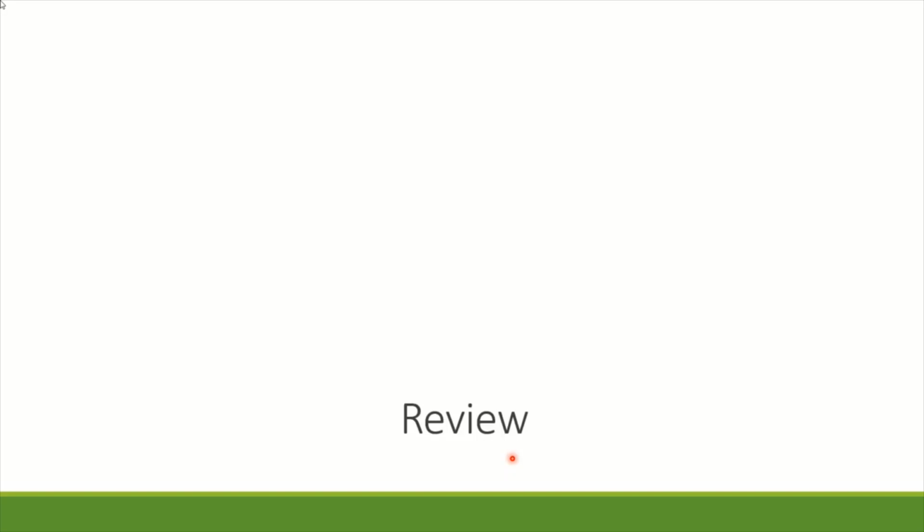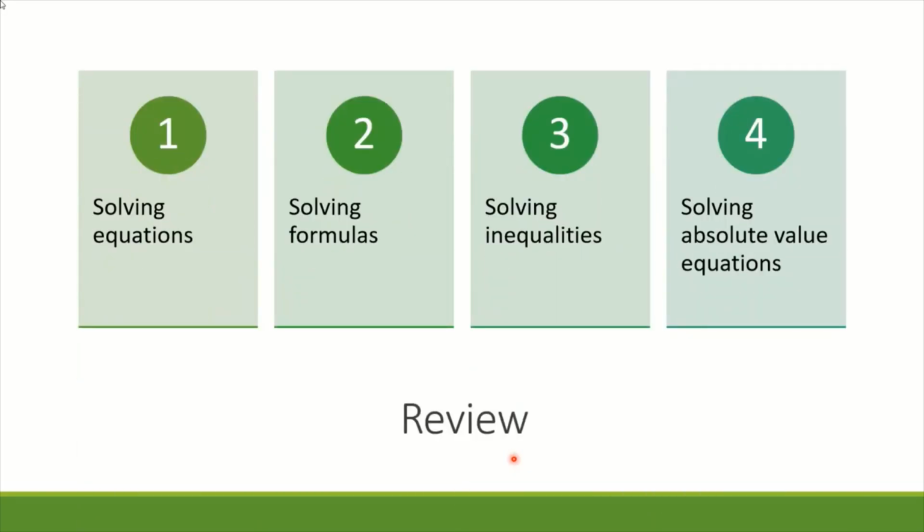So let's review. What did we go over? So we went over solving equations, solving formulas. With solving equations, basic steps, your goal is to get all your variables on one side, all your constants on the other side. Most of the time you're adding and subtracting first, and then you multiply both sides by the reciprocal or divide both sides by the coefficient, the number in front of the variable, and then that will get you x equals some number.